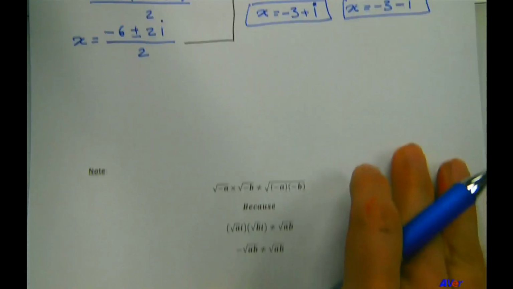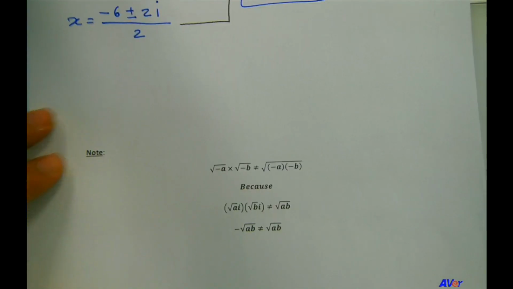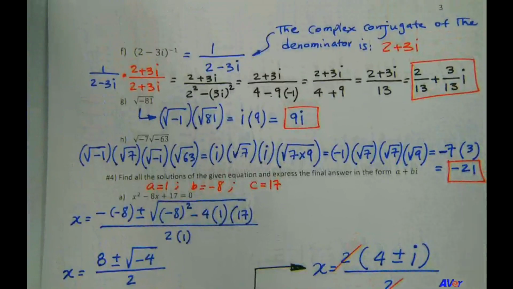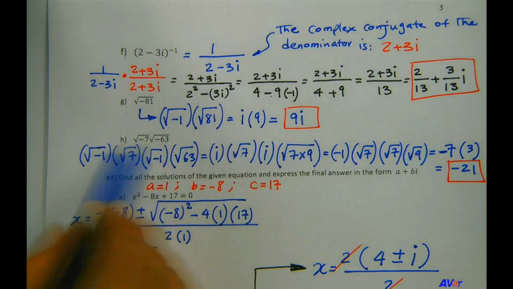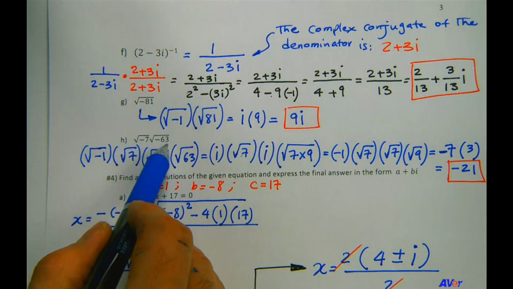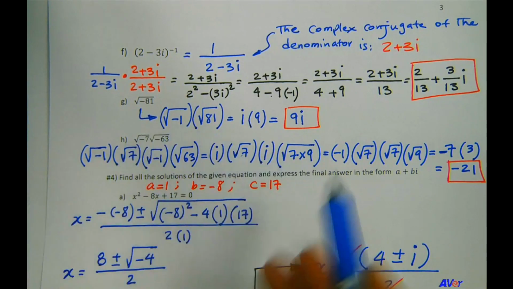Okay? All right. So then one last note before we wrap up the lecture on this section. And we kind of did this. This is an identity I want to speak about, but we already applied it when we were working through this part on page 3 of this worksheet, part H, square root of negative 7 times square root of negative 63. See, we couldn't say negative times negative is positive.